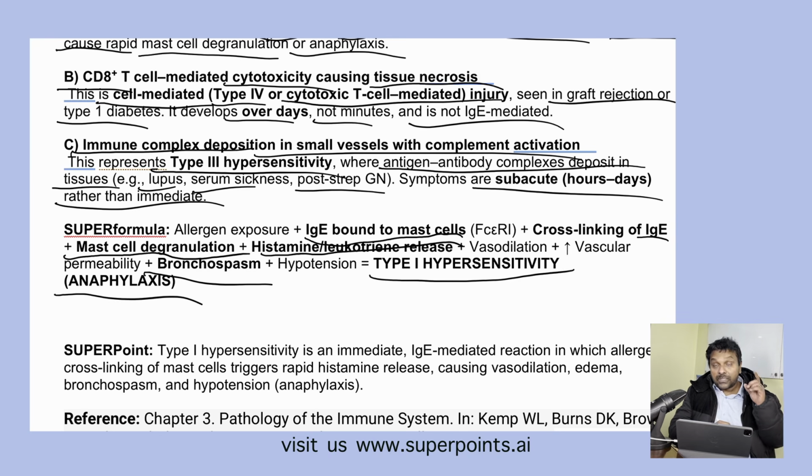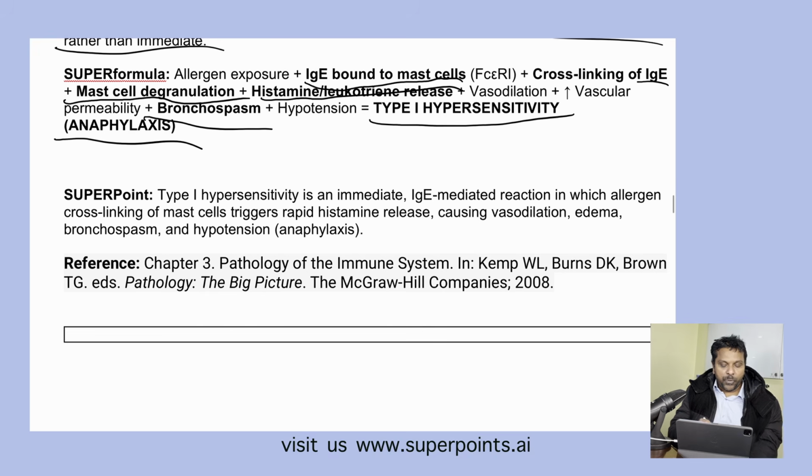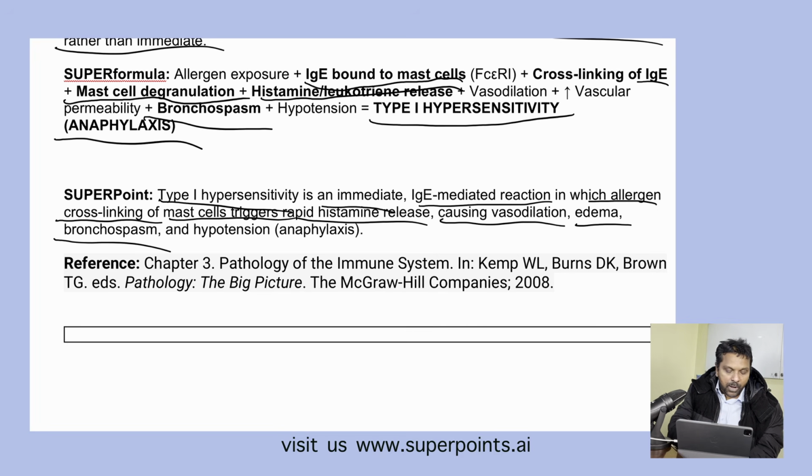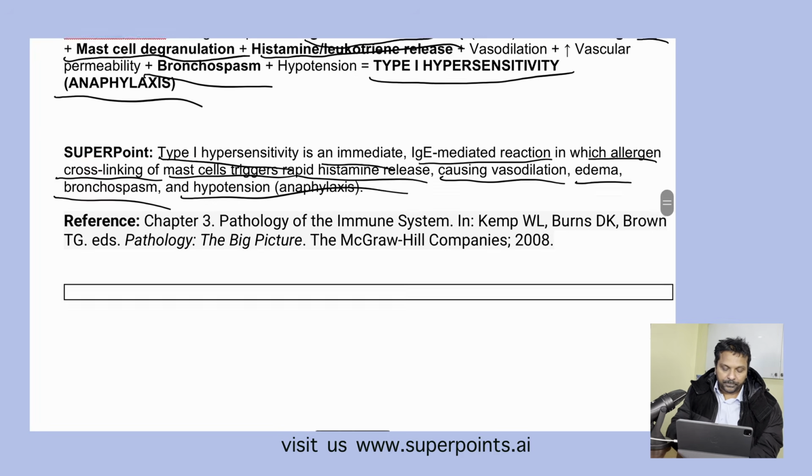See, using those few keywords you can go to your answer. So the super point here is type 1 hypersensitivity is an immediate IgE mediated reaction in which allergen cross-linking of mast cells triggers rapid histamine release causing vasodilation, edema, bronchospasm, and hypotension.